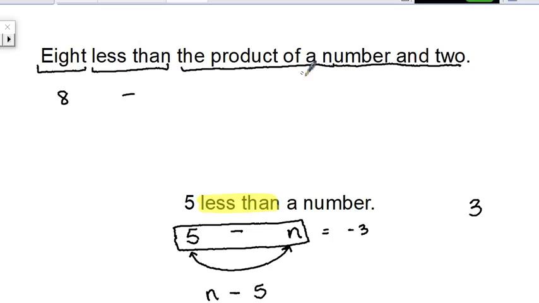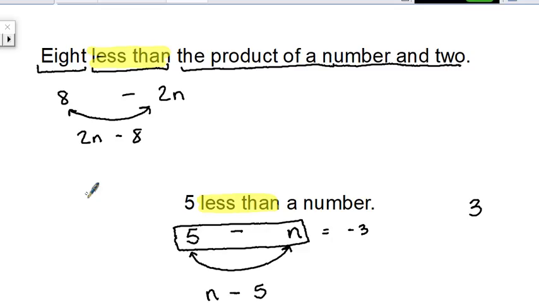So a number, we'll use n again, and 2, that would be 2 times n, so 2n. But again, we know that when we see less than, we need to take this translation, which is a direct ordered translation from the sentence, and we need to flip the position of these two things. So instead of 8 minus 2n, we'll actually have 2n minus 8.